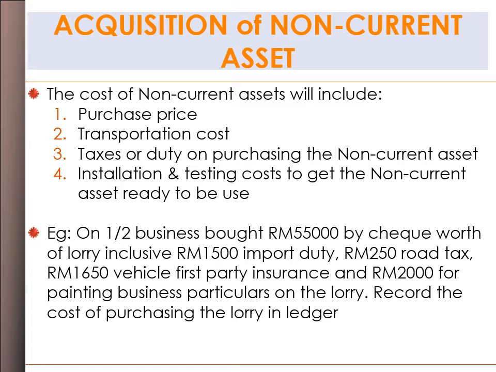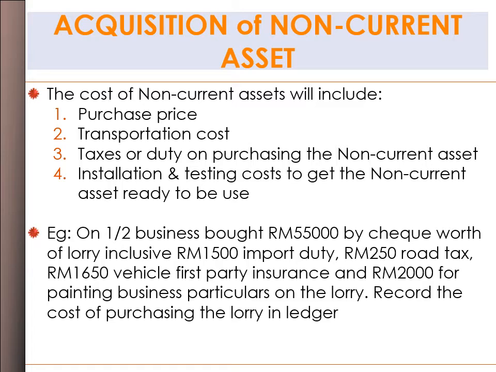And when you are required to work out the cost of purchasing the lorry, you must remember the non-current asset only includes the cost that added value to the non-current asset.